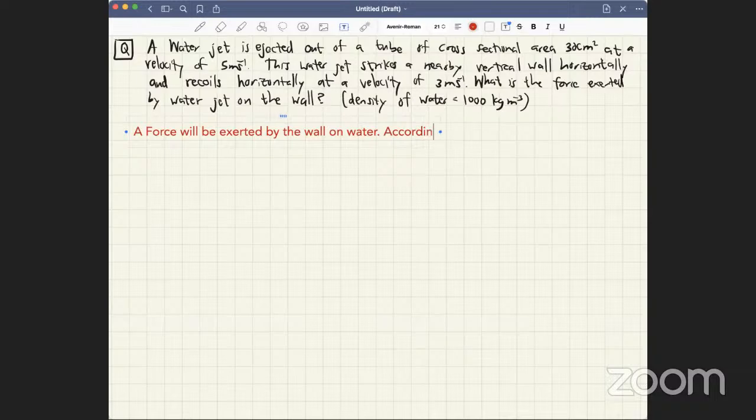A force of equal magnitude will be exerted on the wall by water in the opposite direction.